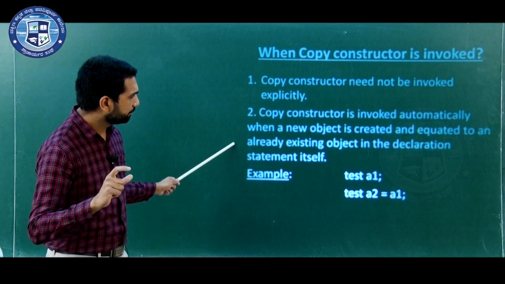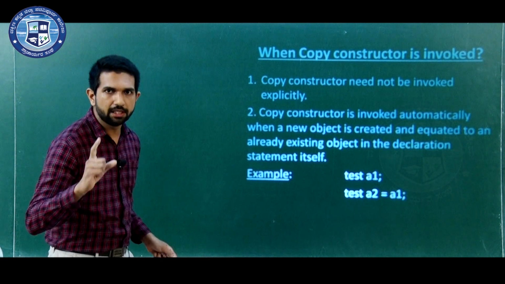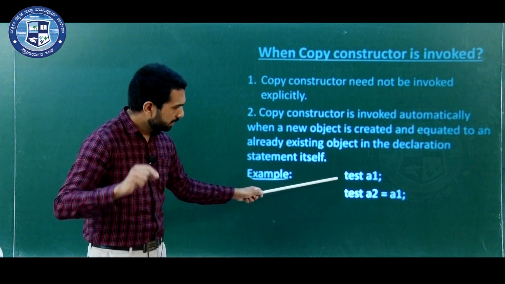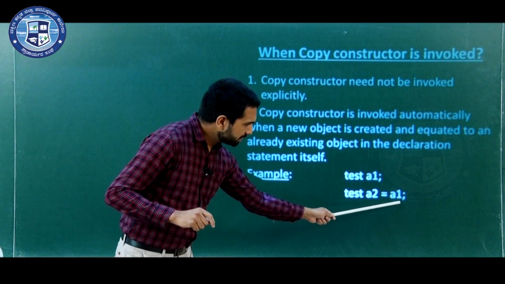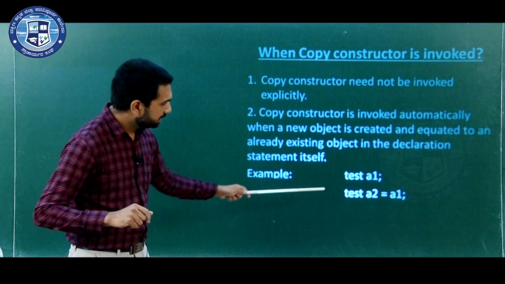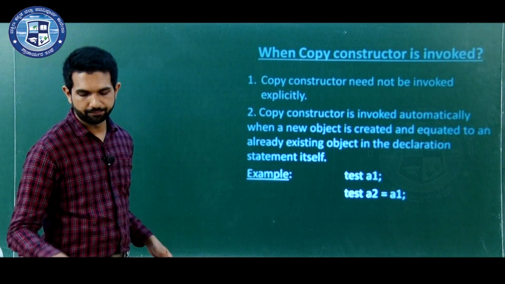So, this is how we can call copy constructor automatically. This is one situation: we have one object A1 and we are creating a second object A2 and passing the first object's information or values to the second object. In this situation, copy constructor will be called automatically.